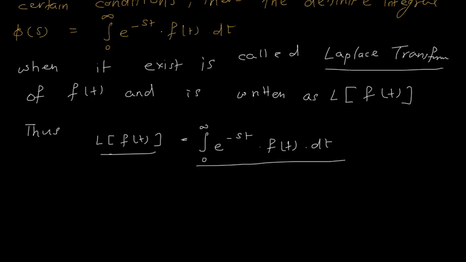Now we will see a few problems to understand these definitions in a better way. We have a given function f of t, and we need to find its Laplace transform. Then what we are going to do is implement this formula on the right hand side, that is 0 to infinity e raised to minus st into f of t dt. So let us solve a few problems based on this definition.